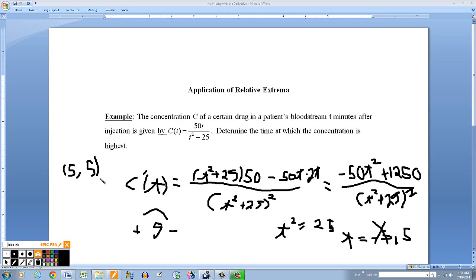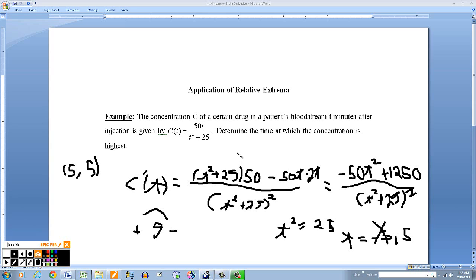So the relative maximum is 5. Okay. The largest value of the function is 5. The relative maximum point is 5 and 5. So this is asking, determine the time at which the concentration is highest. Okay, so the first component here is the time. So that would be 5.